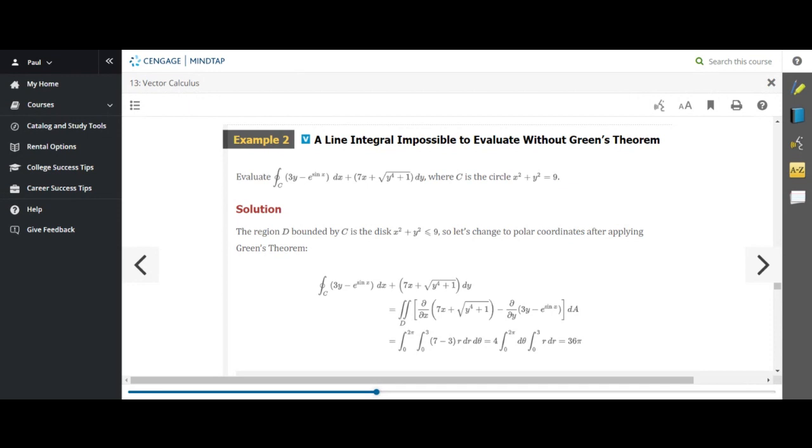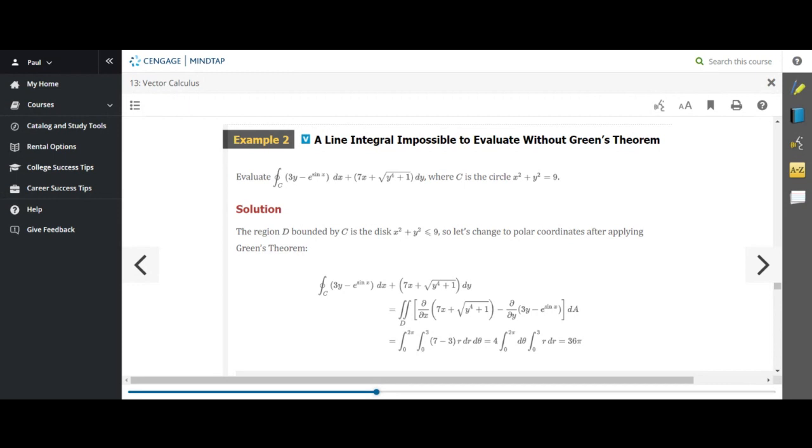And this line integral, really what you're doing is adding a line integral with respect to x and a line integral with respect to y. You're adding them together. That's what that notation means, where they have that line integral over the curve C. But let's just call it a line integral.